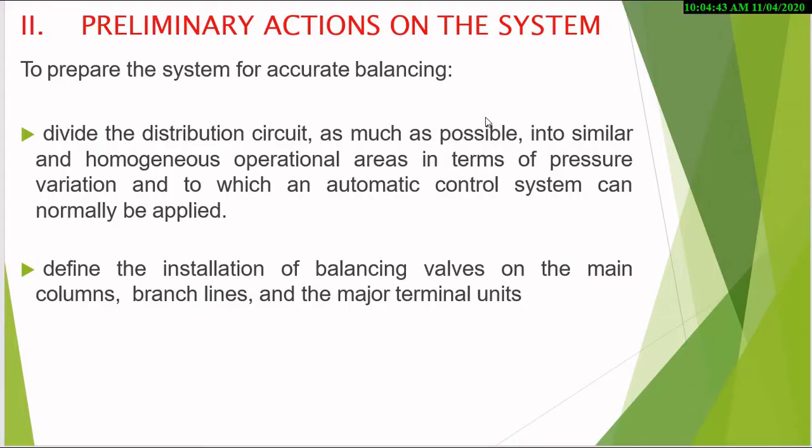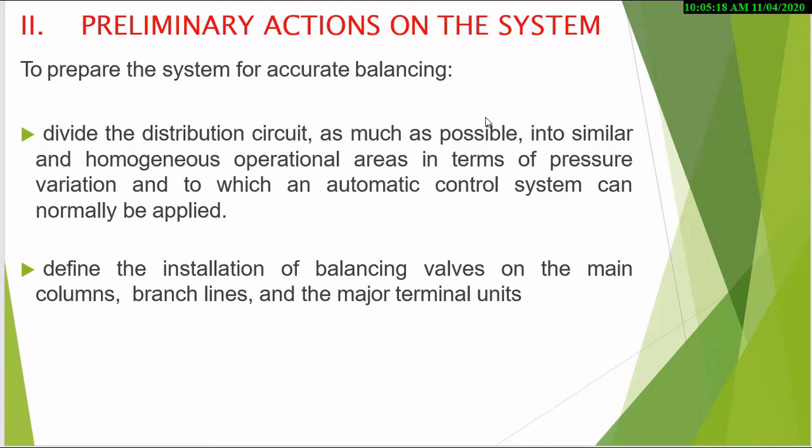Before we go into details and elaborate on the balancing methods, let's talk about some preliminary actions on the system before we do accurate balancing. To prepare any hydronic system for accurate balancing, we need to divide the distribution unit as much as possible into similar and homogeneous operational areas in terms of pressure variation and to which an automatic control system can normally be applied.